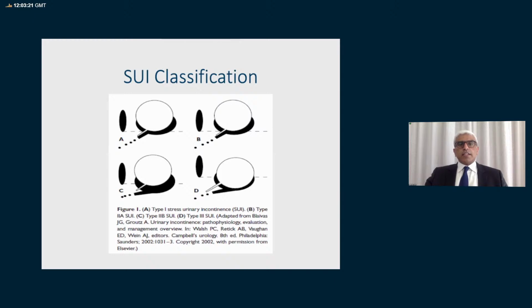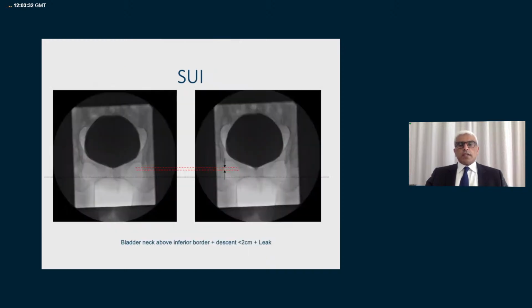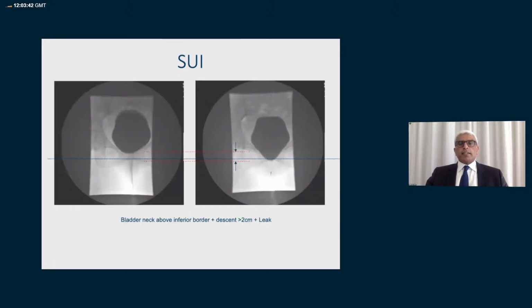A few slides about the SUI classification. We use the Blaivas type classification, which can be very nicely demonstrated into type 1, type 2A, 2B, and type 3. This is a type 1, which is that the bladder neck is above the inferior border and the descent is less than 2 centimeters. In type 2A, the descent starts above the inferior level, the descent is more than 2 centimeters.